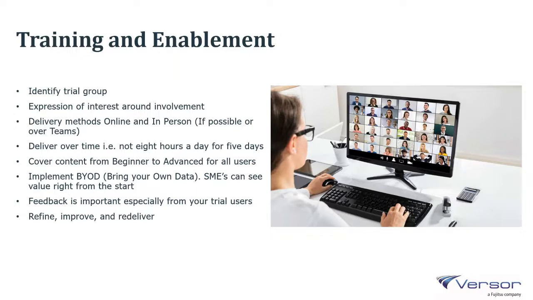So we sent out an expression of interest to a wide range of users for their involvement, received a whole bunch of responses, selected some users across the business, and then went forward. And those users needed to dedicate some time to this. They understood that they needed to provide feedback and so on.